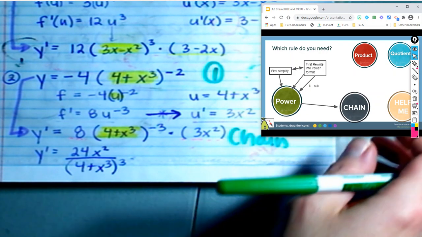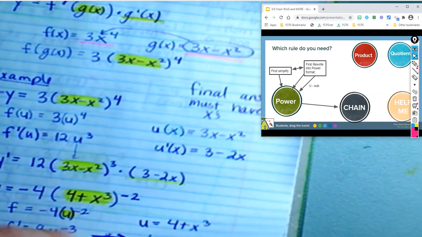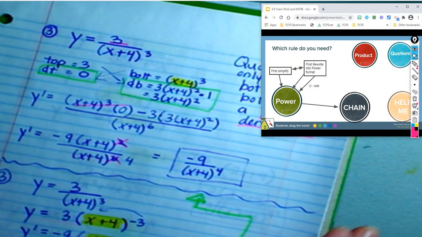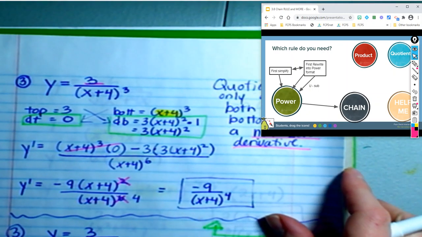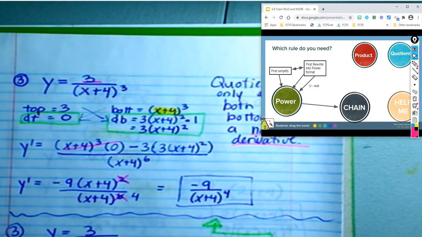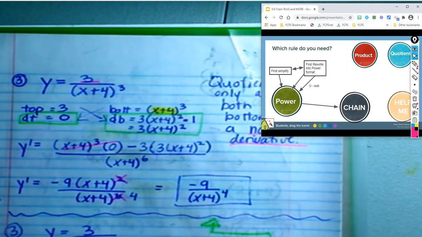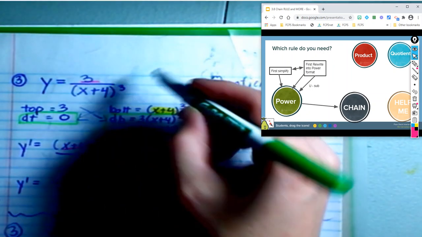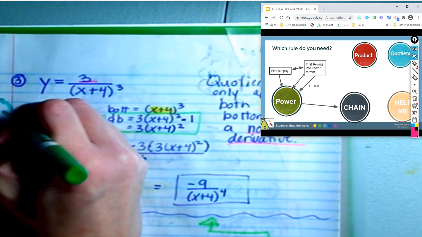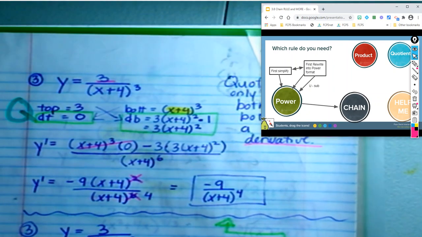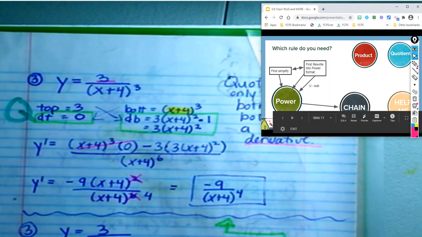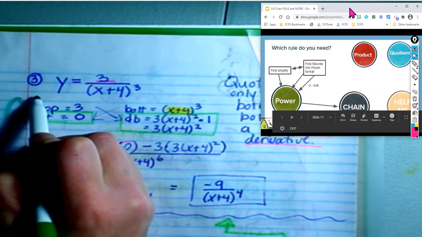Okay, now let's look at the third example. Because when it starts getting interesting, that is where you have to start deciding, what did you do first? Here we go. On this problem, I did the quotient rule first. See that? I picked out the top and the bottom first.